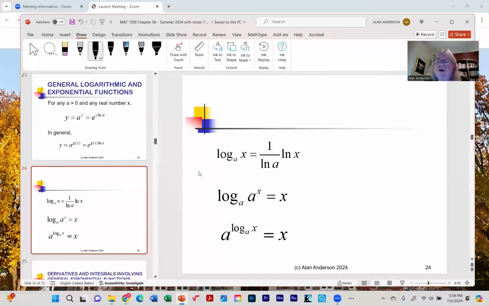Now look at some of these others. You look at these and say, wow, these are some complicated looking definitions, but these are very similar to what we've already seen. This is equivalent to log e to the x equals x, if you let a equals e.